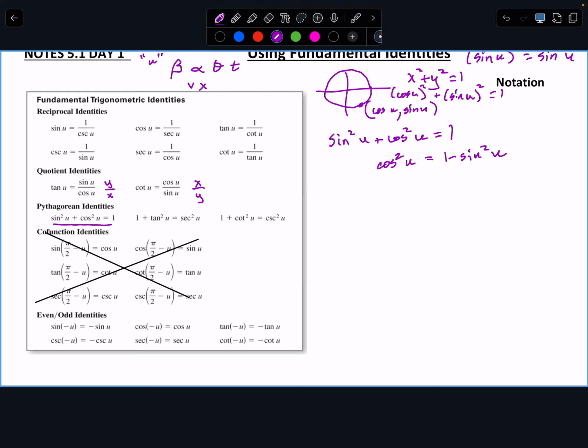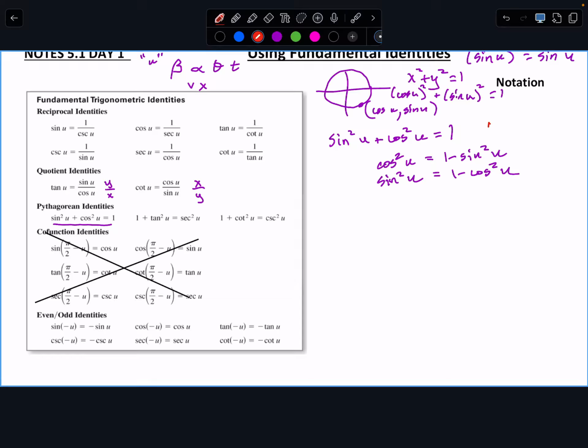So if everything else is in terms of sine, and you have this cosine squared, we can replace cosine squared with 1 minus sine squared. And vice versa. If everything's in terms of cosine and you see a sine squared, I can replace it with 1 minus cosine squared.